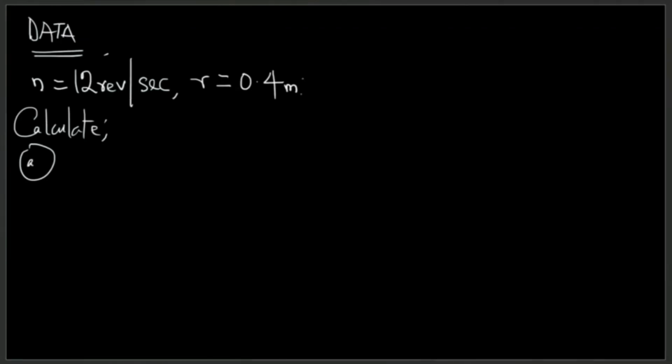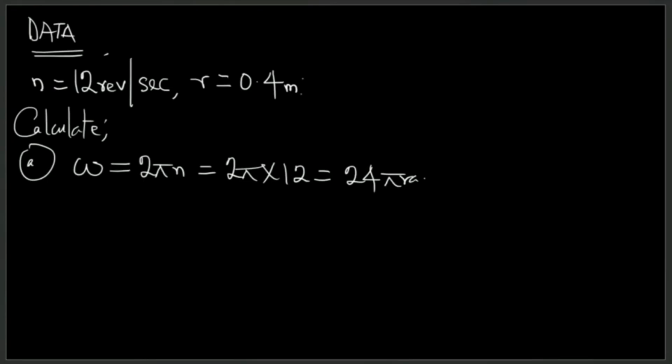So the first question says that you must determine the angular velocity. You use the normal formula, which is 2 pi multiplied by 12. Angular velocity is going to be 24 pi what? Radians per second.